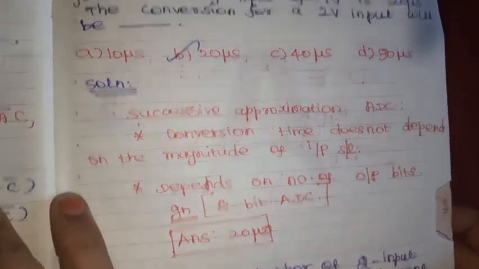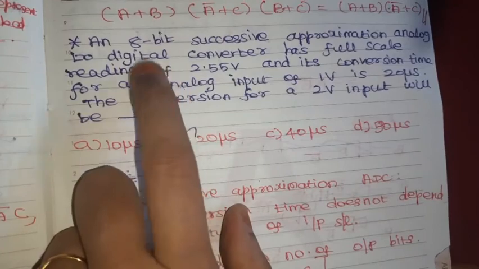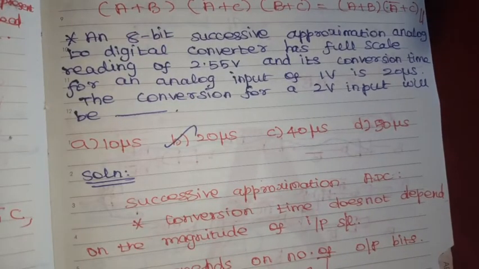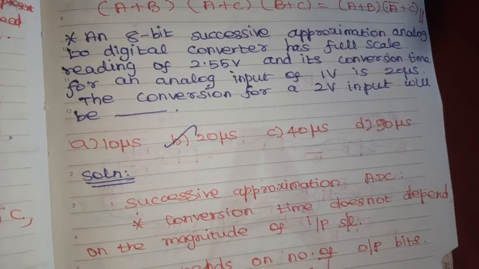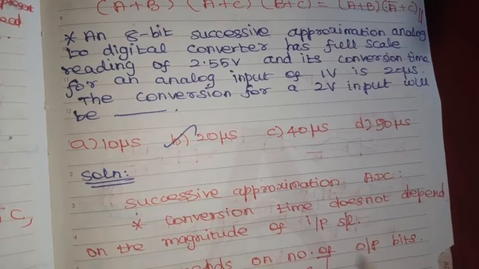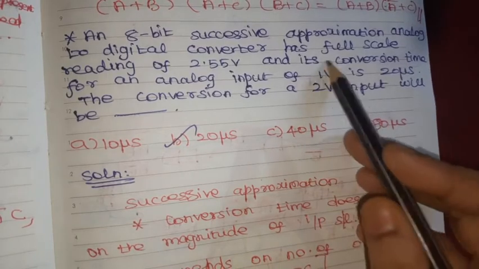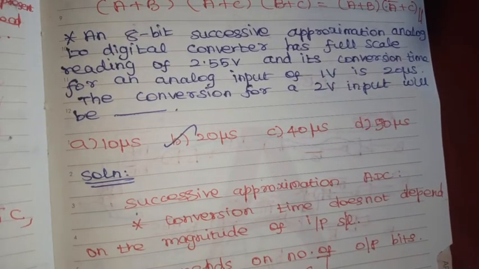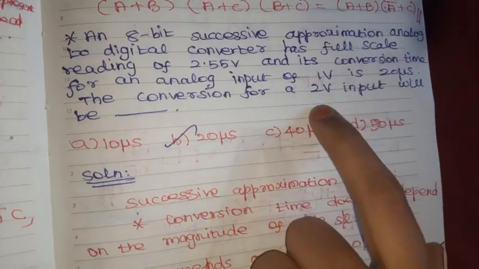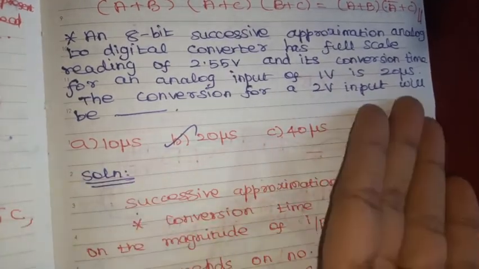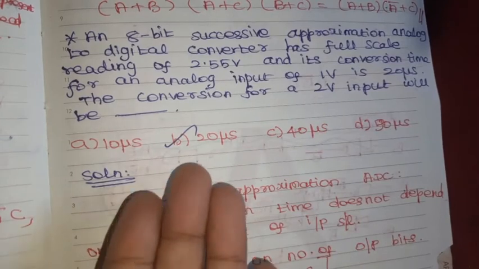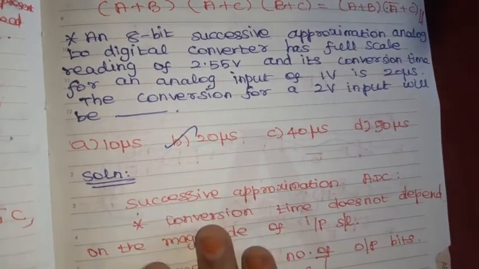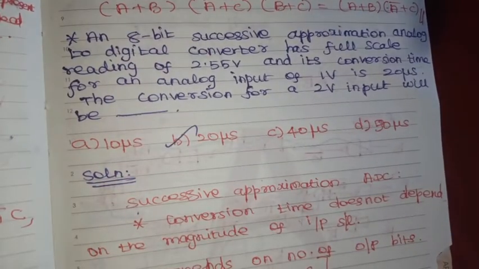Whenever the input changes from 1 volt to 2 volt, the conversion time won't change. So for a 1 volt or 2 volt input signal, the conversion time will be the same. Option B is equal to 20 microseconds itself. The conversion time depends only on the number of output bits.